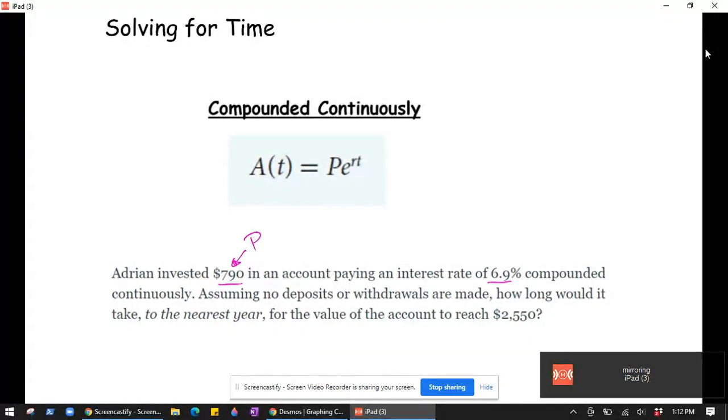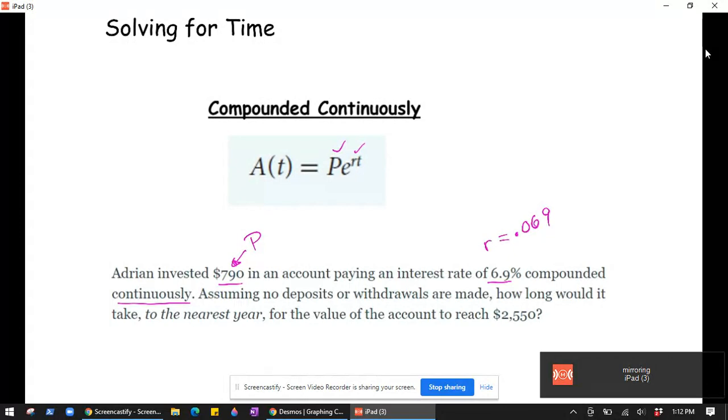The 6.9% is my rate, expressed as a decimal, that's 0.069. The compounded continuously is what's telling me I need this E equation as opposed to the one before. Okay, but I've got my principal and I've got my rate. And E, remember, is just a number. It's not a variable, so that's not even something we need to find out.